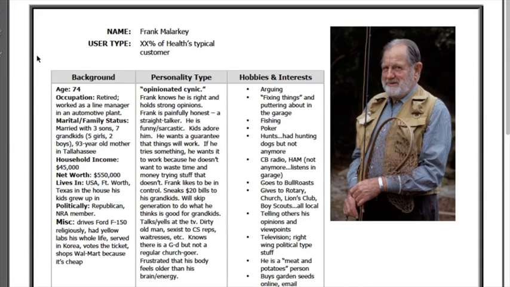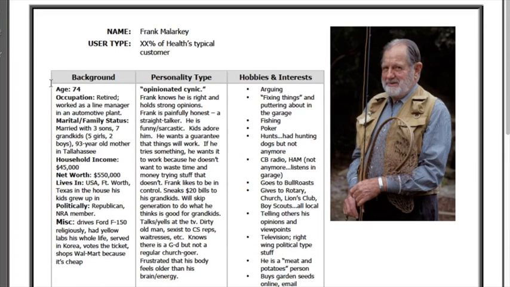So let's walk through this, and then it might inspire you to create a persona for the buyers you're trying to reach. So we have Frank on the right here. That's a picture of him, and he's got a gleam in his eye that says, yes, I'm an opinionated cynic. And your mission is to turn that gleam into a believer and a look of excitement about your product.